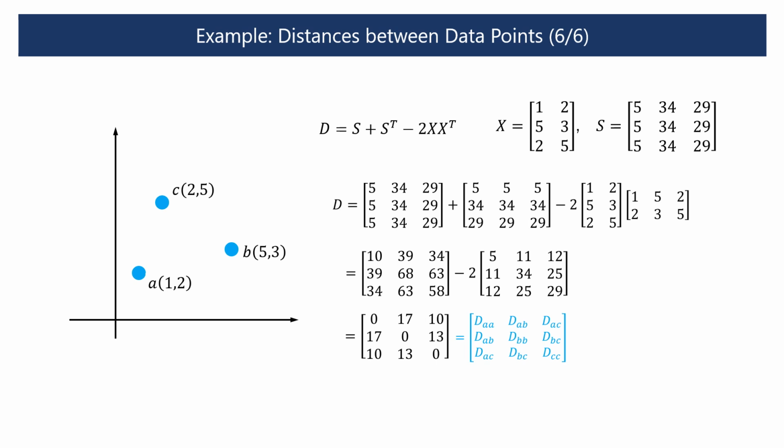So we need to compute the square root to know the distance. In this way, we can obtain distance, the information of similarity between all pairs of data points at once. We can apply the same method even though the dataset contains more data points and more features. Matrices and matrix operations enable us to implement these calculations efficiently.